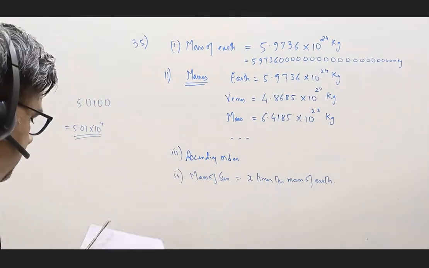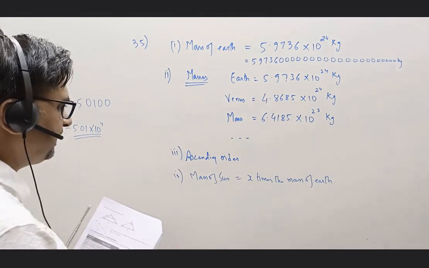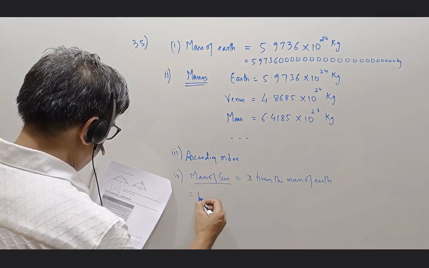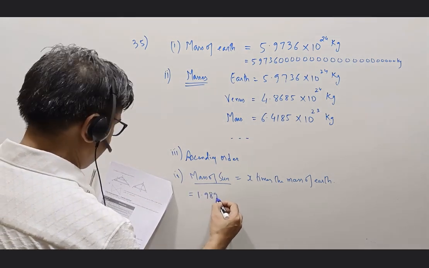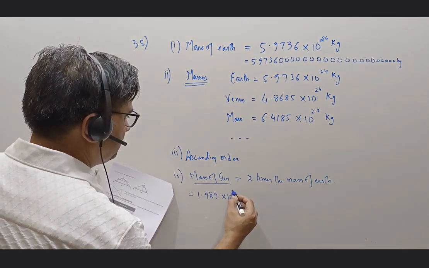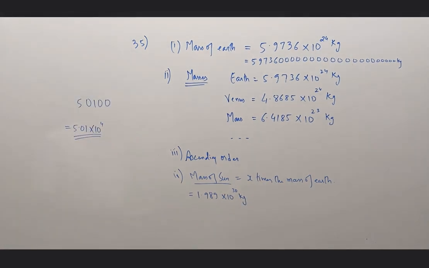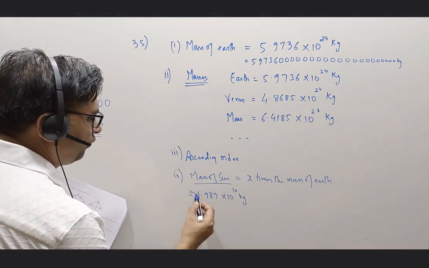The last question is, the mass of the sun is given as 1.989 into 10 to the power 30 kg. How many times is this more than the mass of Earth is what we are required to find.